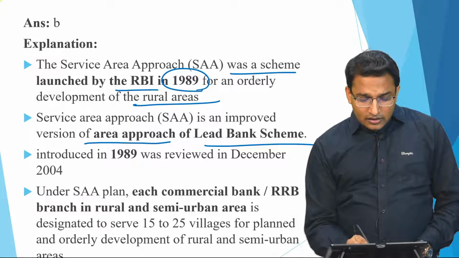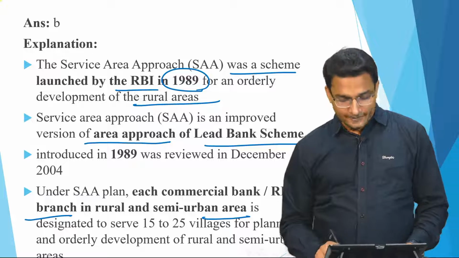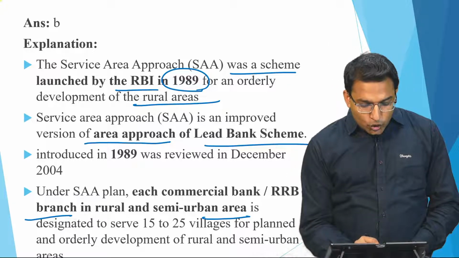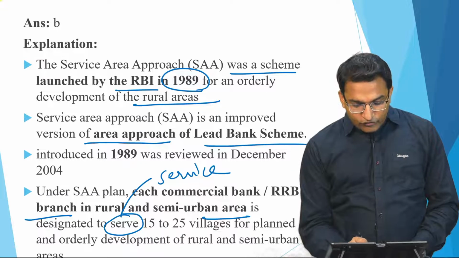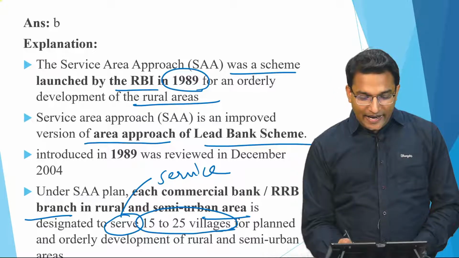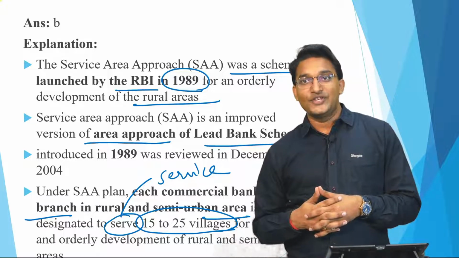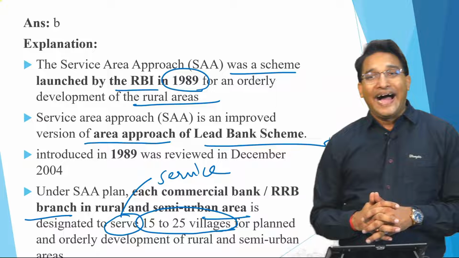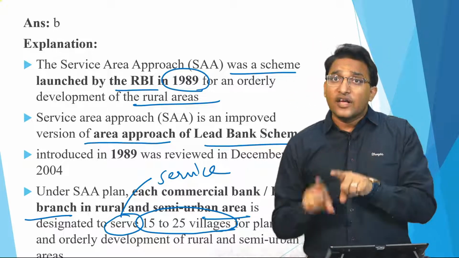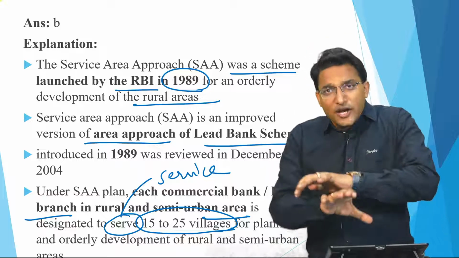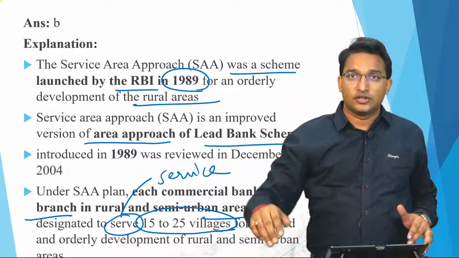Under this, the branches in rural and semi-urban areas are supposed to serve 15 to 25 villages for the planned and orderly development of rural and semi-urban areas. This is the main purpose behind the service area approach. The bank branch will give service to a particular area, which is why it is called the service area approach.